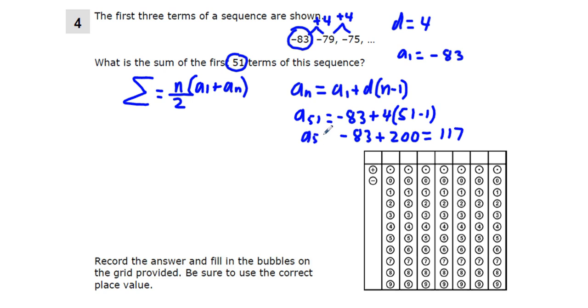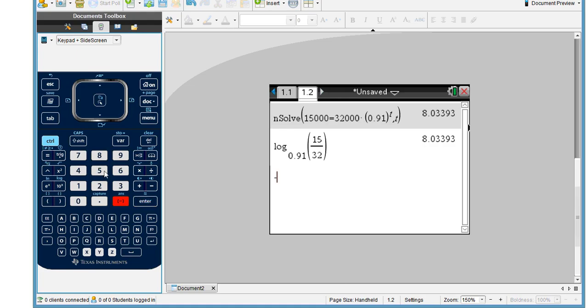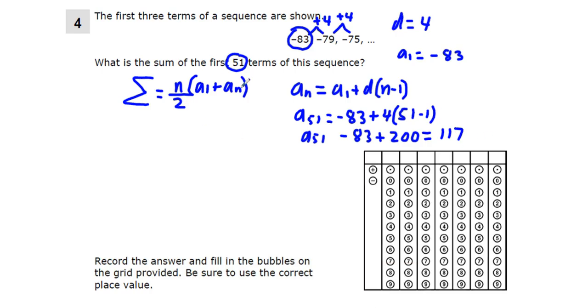And I'm going to do this in the calculator just to be sure. So I'm going to say negative 83 plus 4 times 51 minus 1. So that should give, yeah, 117. That's right. So now we have a sub 51. So our summation is going to be our total number of terms, which is 51, over 2 times our first term, which is negative 83, plus 117.